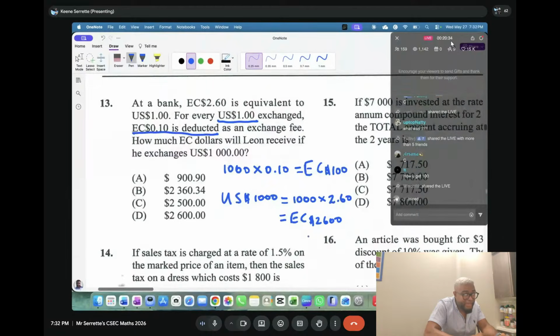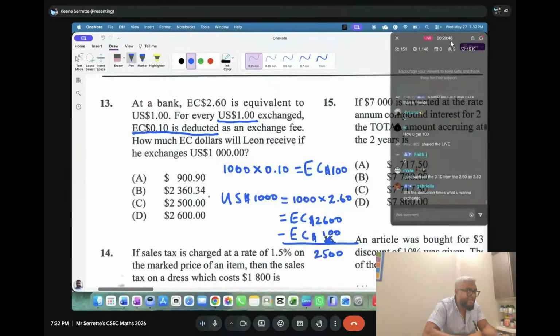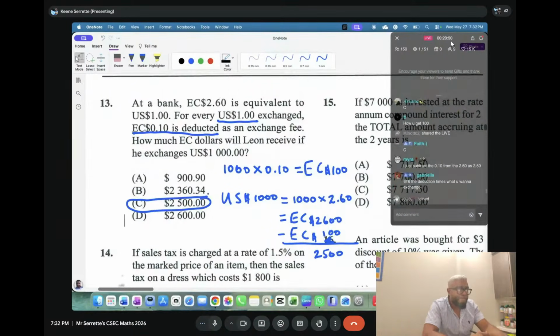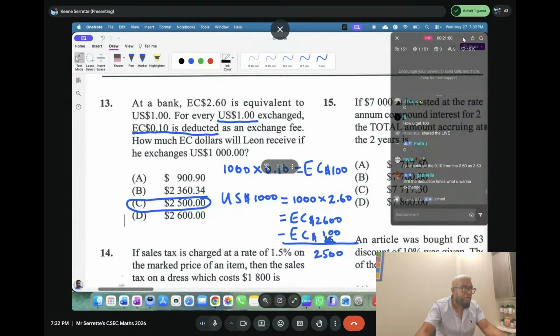So when I minus EC 100 from this, how much EC am I left with? 2,500, ignore the 16 here. 2,500 EC. My answer is C. Proper. How did I get 100? 1,000 multiplied by 0.10 gives you 100. Somebody was asking how I got 100 on TikTok.